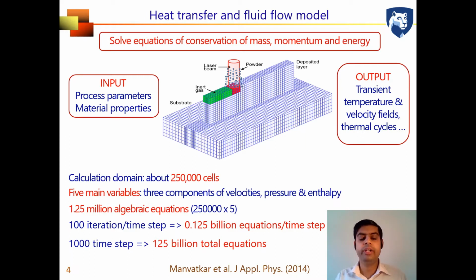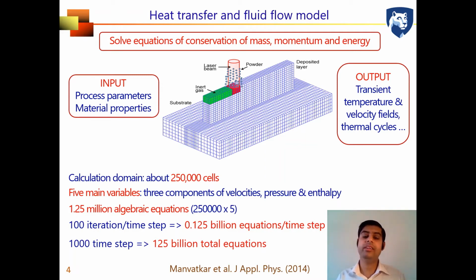And we need to iterate to get a good converged solution. And let's say you are doing 100 iterations per each time step. So essentially at each time step, we need to solve 0.125 billion equations. And to represent a continuous process, let's say you have 1000 time steps, that means to do this calculation, you are essentially solving 125 billion equations.